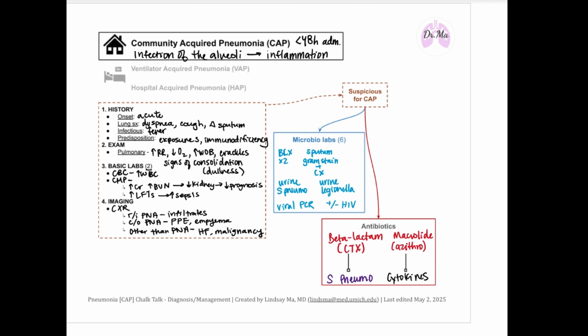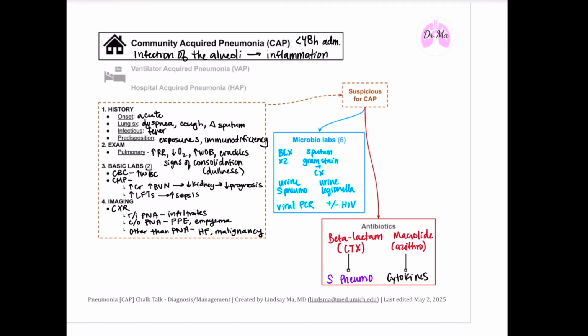The basic labs will help determine how severe the infection is and whether this patient might need an admission. If your suspicion for CAP is present and you've already gotten your imaging, you'll want to get some extra microbiome labs, and we discussed the 6 labs to get.